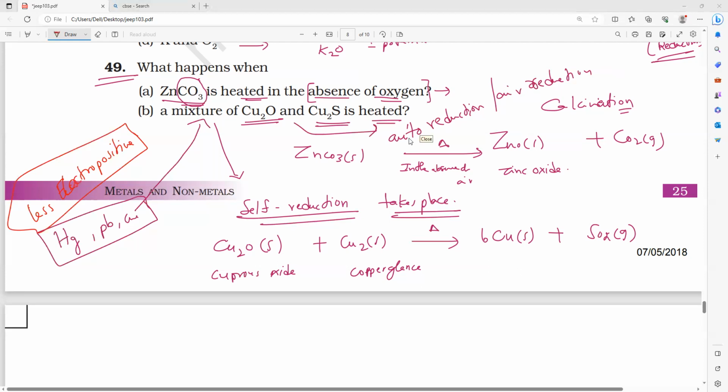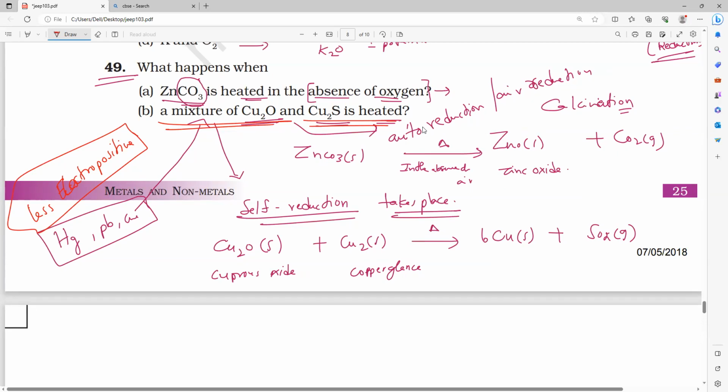For this one, what is the name of the reaction, everybody? Self-reduction. The oxides of less electropositive elements, which are placed near the bottom of the reactivity series, can be reduced to free metal by simply heating them in air. By simply heating them in air.